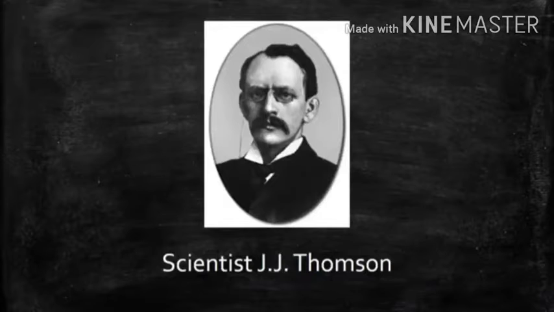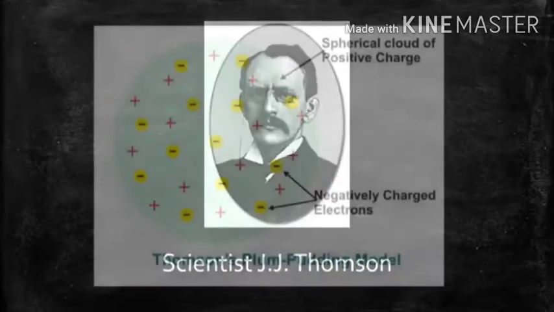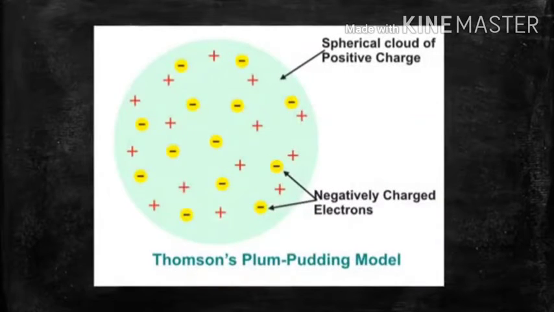The distributed positive charge is balanced by the negative charge on the electrons. Therefore, the atom becomes electrically neutral. You can see in the figure the spherical cloud of positive charge and the negatively charged electrons. So, Thomson's plum pudding model is shown by the diagram.